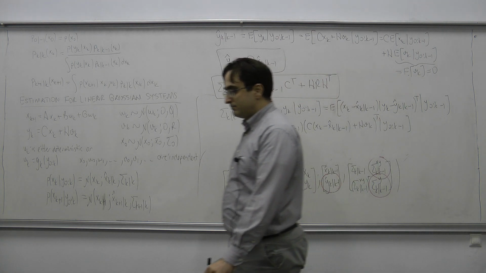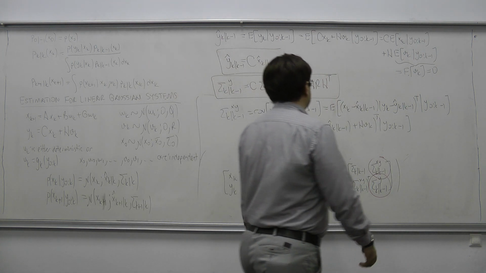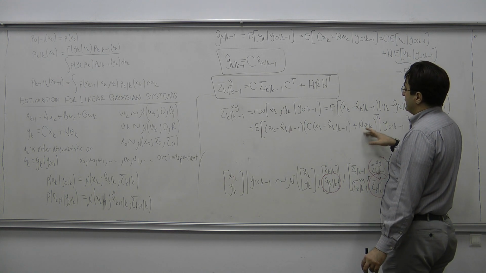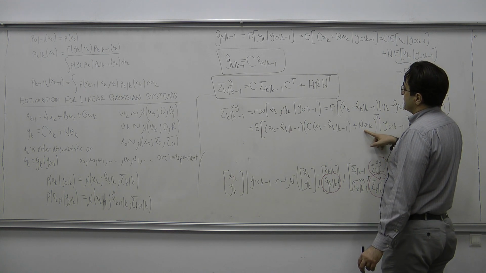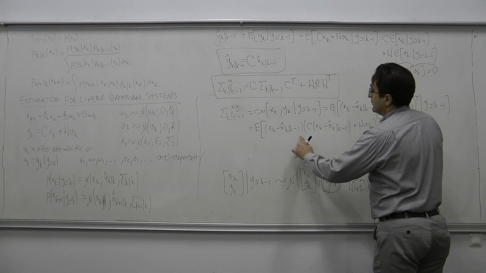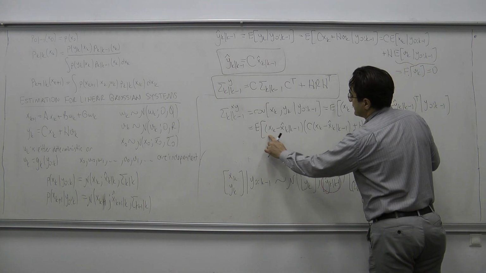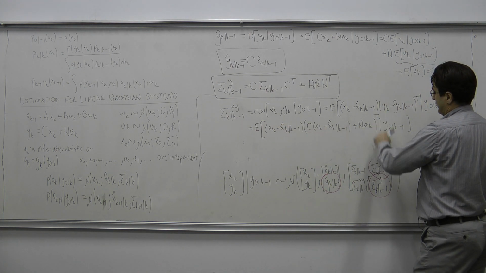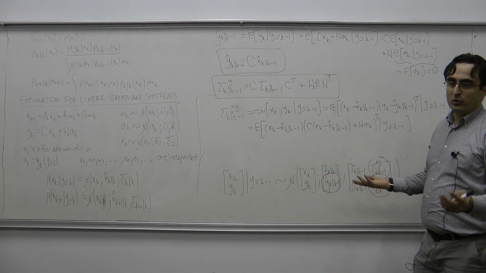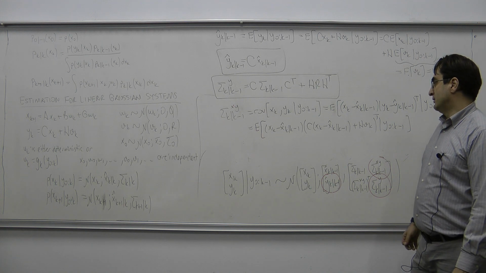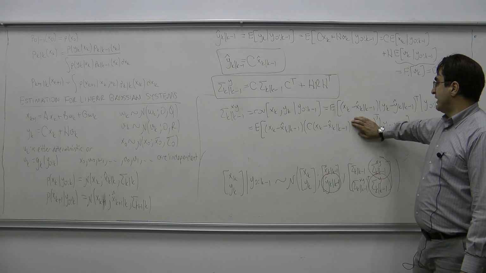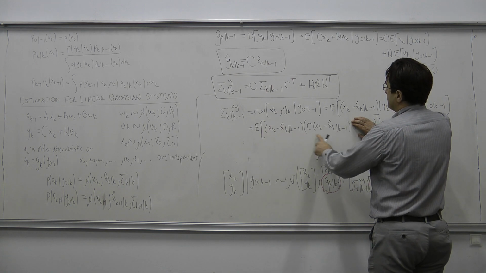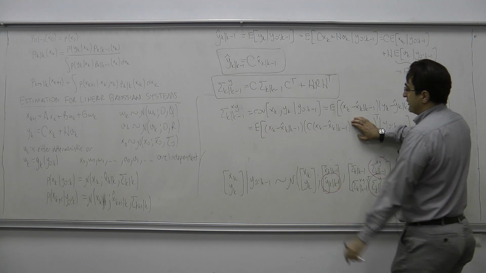Okay? So now let us try to do it. The first thing you need to realize here is that the multiplication of H vk with xk minus x hat k given k minus 1, that expectation given y0 to k minus 1 is going to be 0 again. Okay? So the only expectation remaining is going to be the expectation of this term times C transpose.